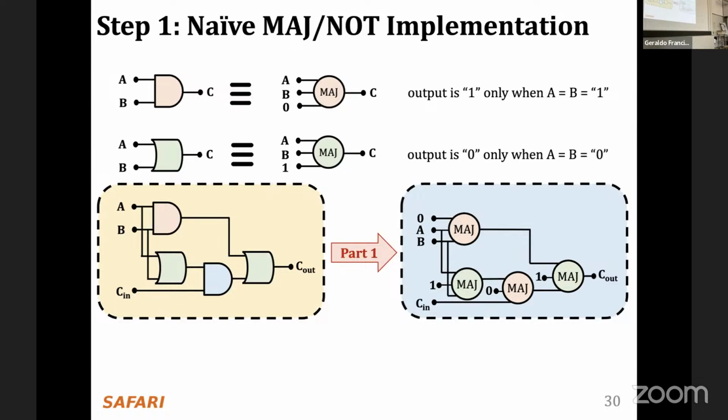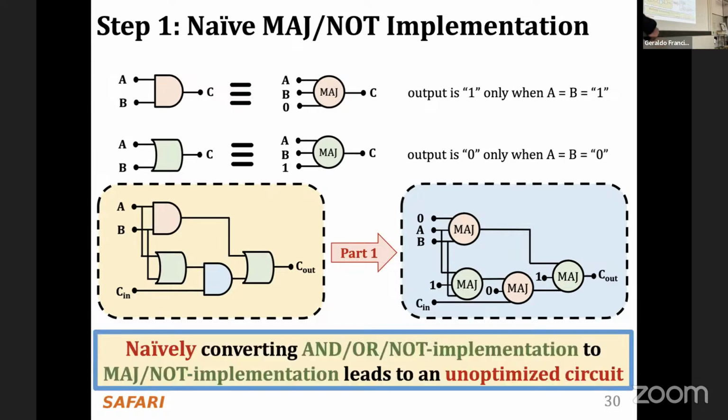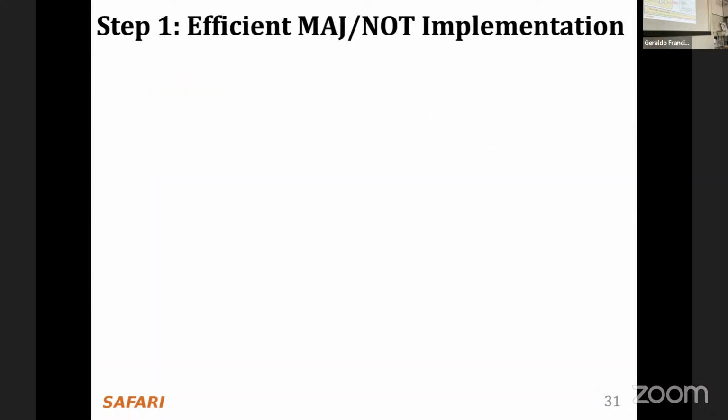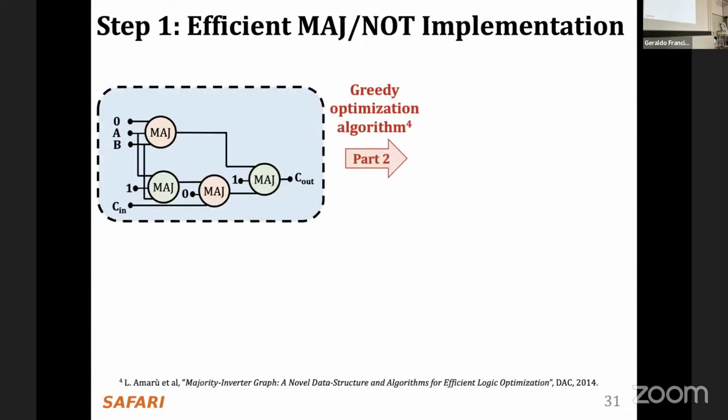So it's quite easy. However, this leads to an inefficient circuit because, as I'm going to show next, if you apply optimization or minimization algebra to minimize the number of majority gates here, you can reduce the number of majority cells that are here to actually only one majority gate. The first step is actually going to do that.